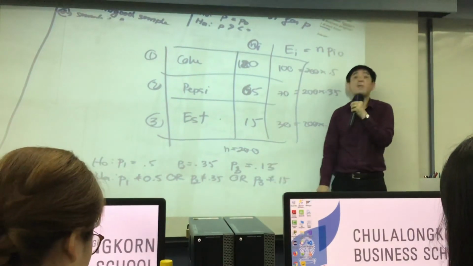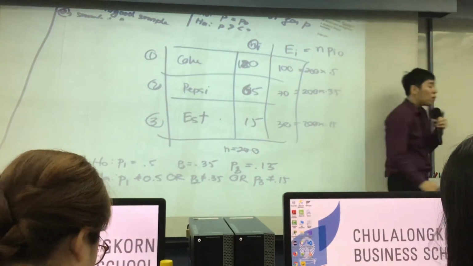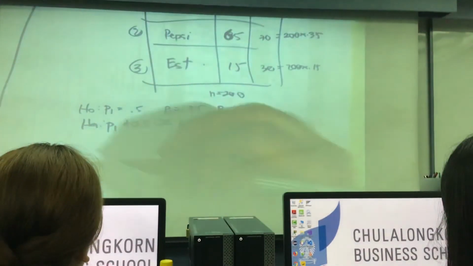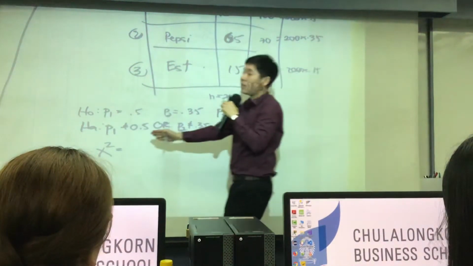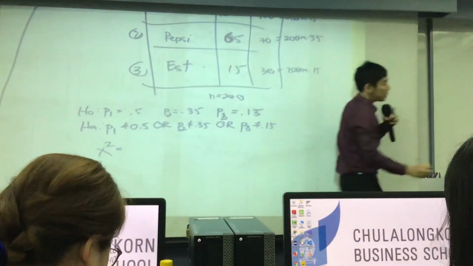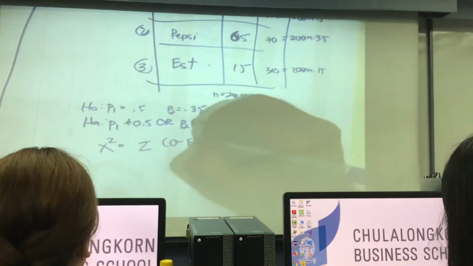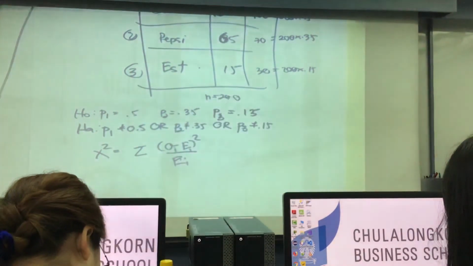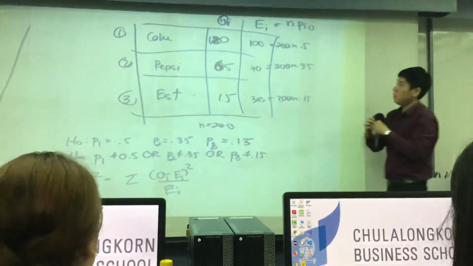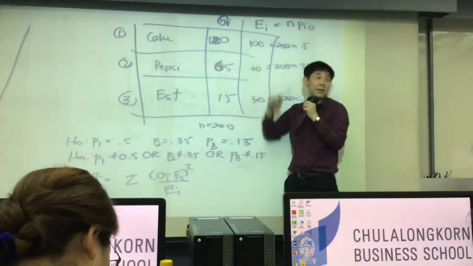If O is different from E, reject H0. So at the end, what you calculate is this one. Chi is x in Greek. That's why it's x squared, right? It's actually calculated from (O minus E) squared divided by E.